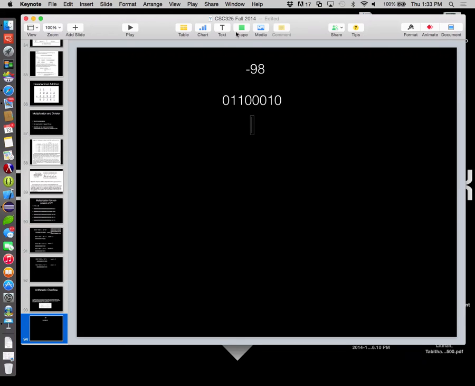Okay, but this is negative, so we need to take the 2's complement of it. So we have 1, 0, 0, 1, 1, 1, 0, 1. Add 1 to that. One plus 1 is 0, carry the 1.